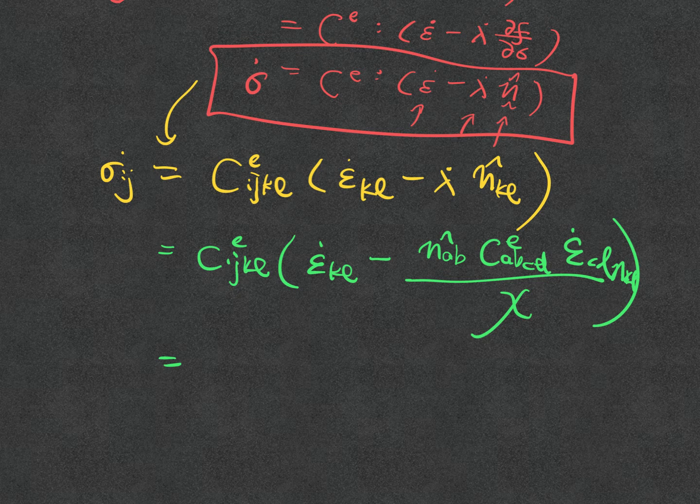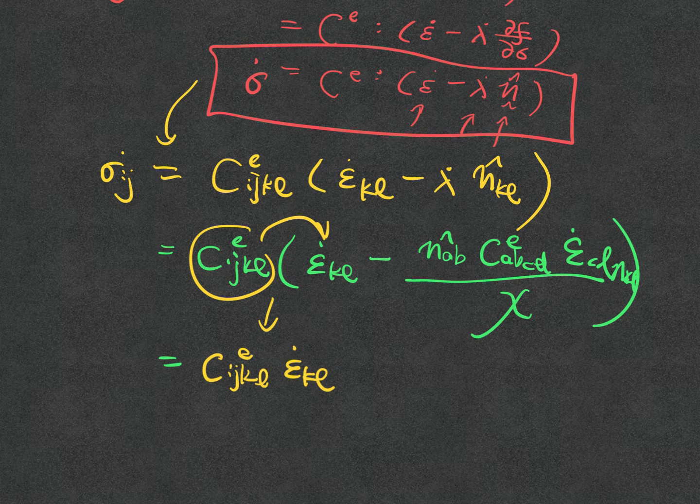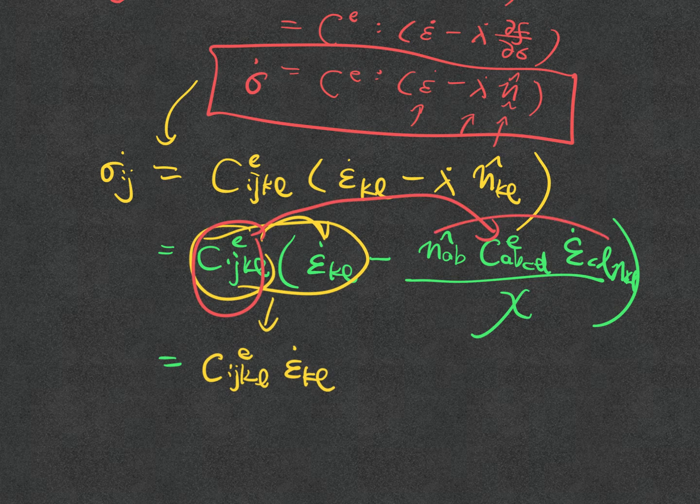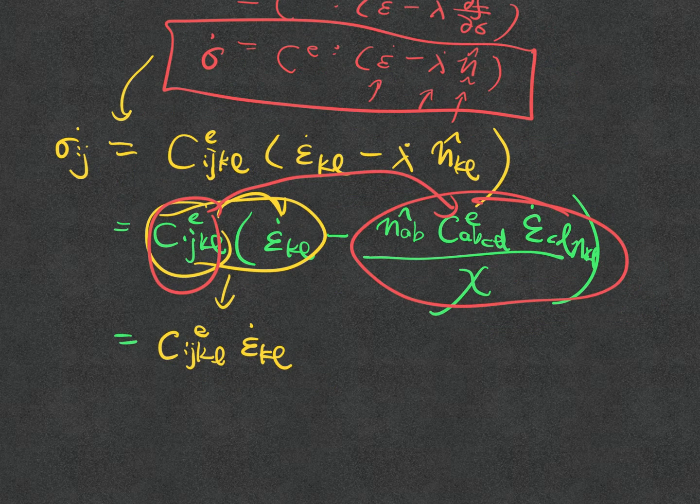The first term I will get, coming from here, is that this applies to here. I will get C ijkl E epsilon dot kl. Okay, so this term is clear, right? Now I need to consider this term applied to this term, which equals 1 divided by x. I just consider it as some kind of magnitude. Again, I'm assuming that C is positive definite.